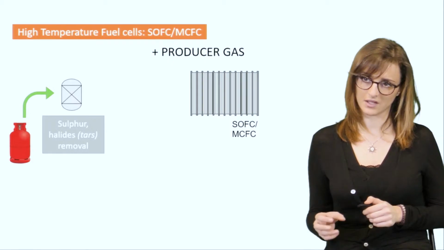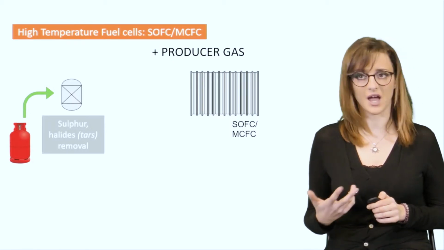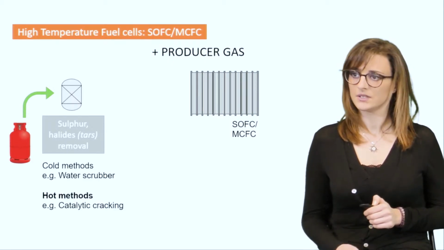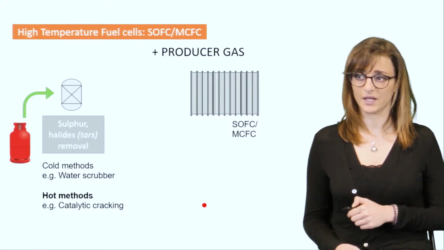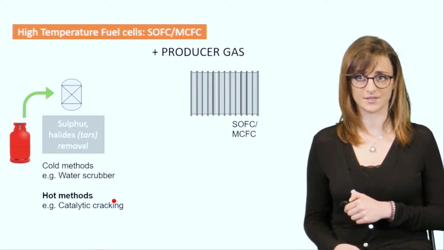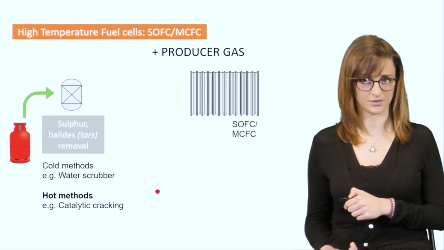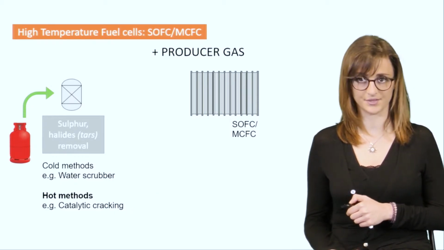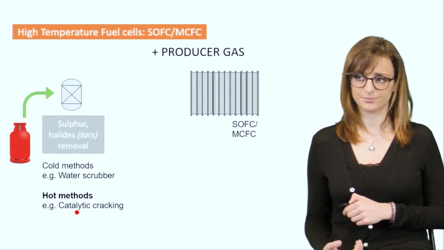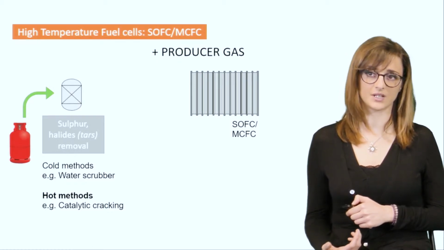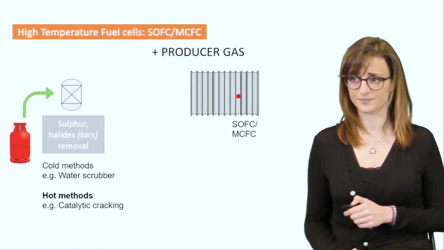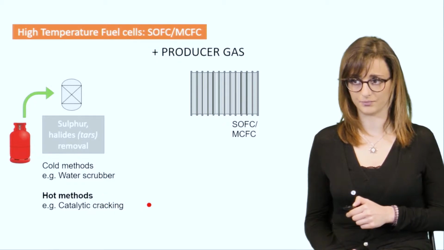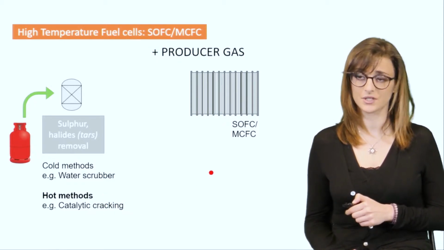So they don't have to be removed completely. Again, we can implement various methods in this stage, so cold methods like water scrubbing and hot methods. Hot methods in this particular application are more meaningful because of thermal integration issues.